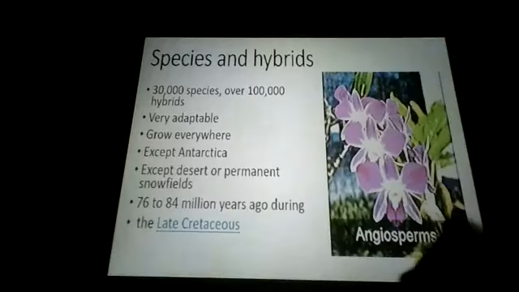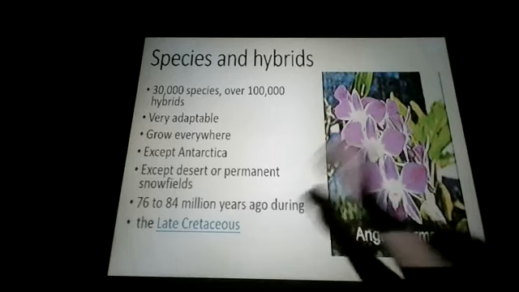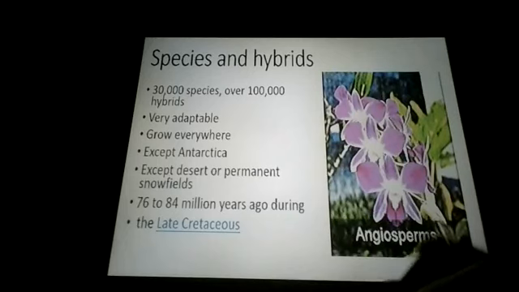Now, when you're talking about species and hybrids, you have a lot of numbers because of the hybridizations. There's roughly about 30,000 species and over 100,000 hybrids. So there's a lot of orchids out there.